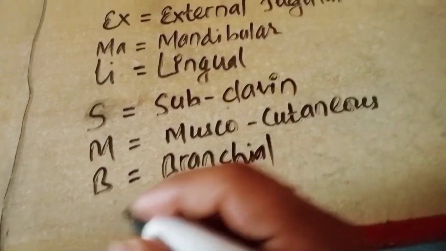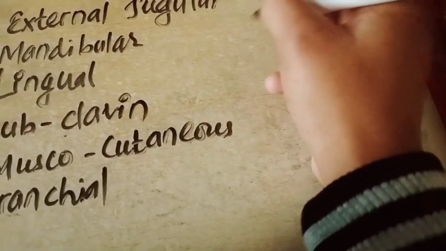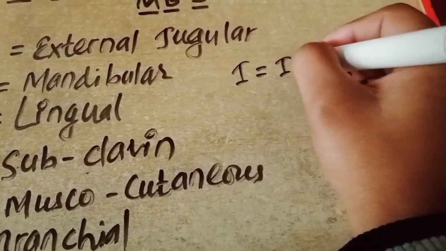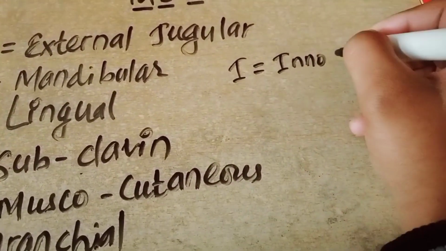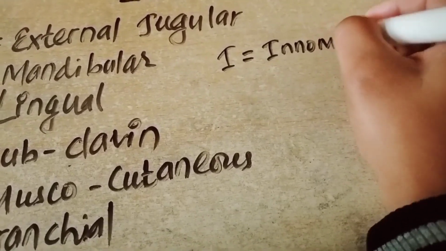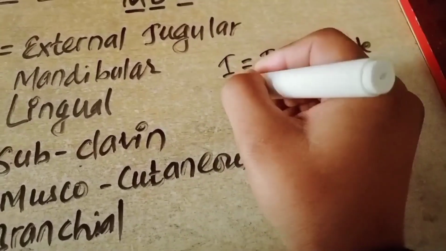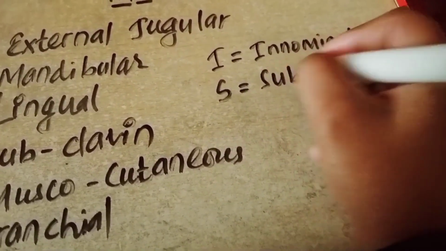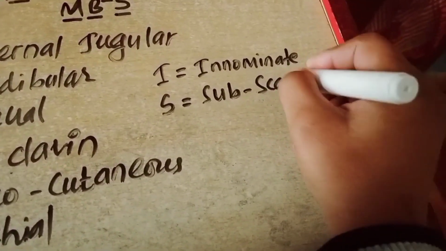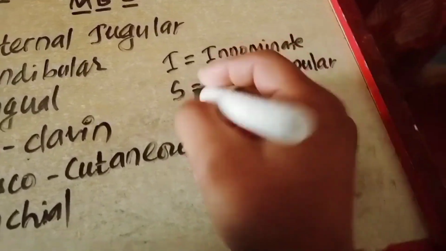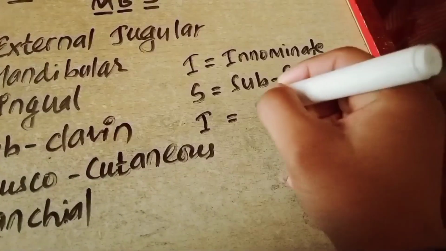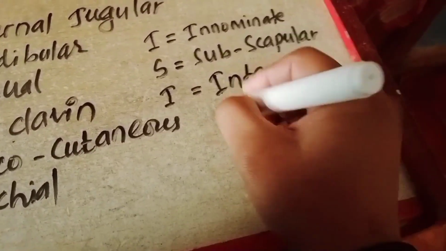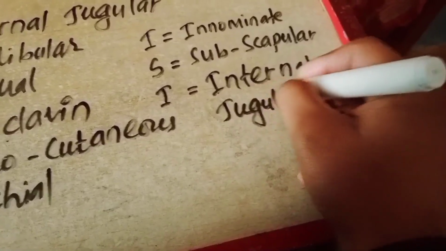Now ISI: I means innominate, S means subscapular, and I means internal jugular.